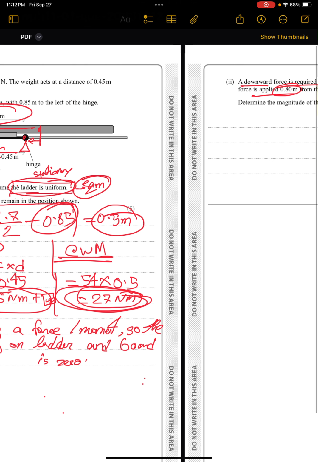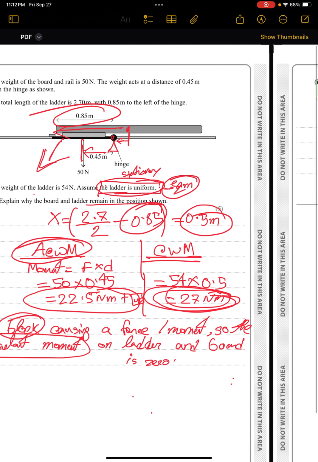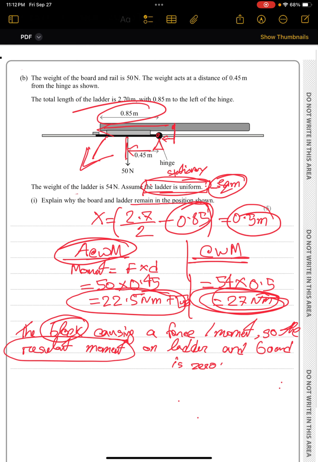So we have already found that this was the force exerted by the board and rail, and there was another force which is acting by the block to make it 27 Newton meter and the ladder to be uniform.